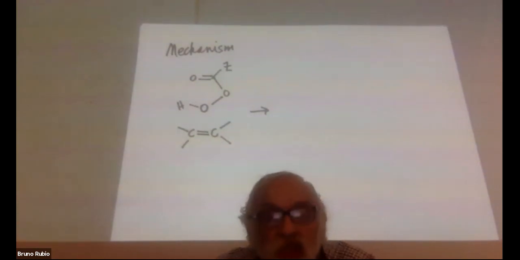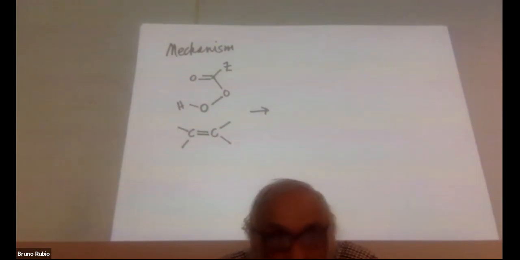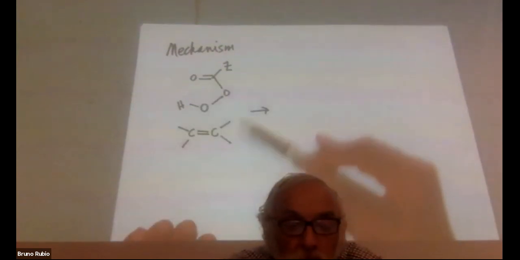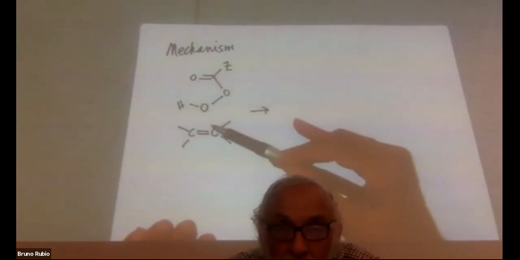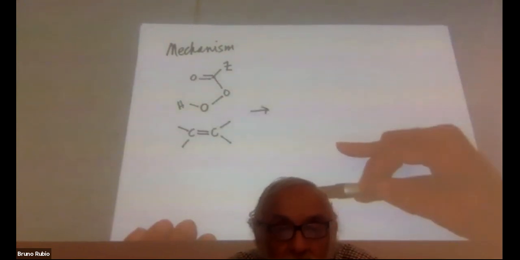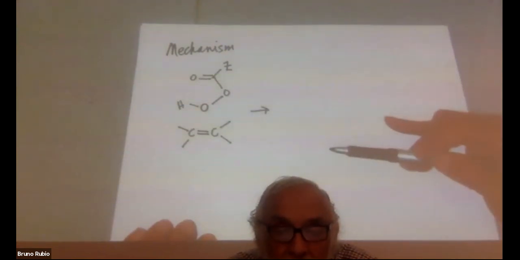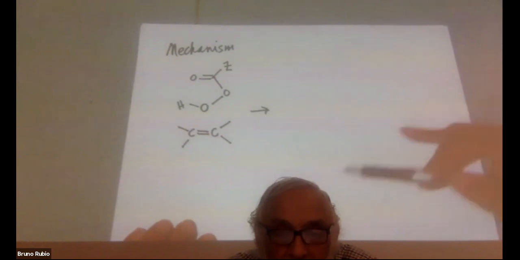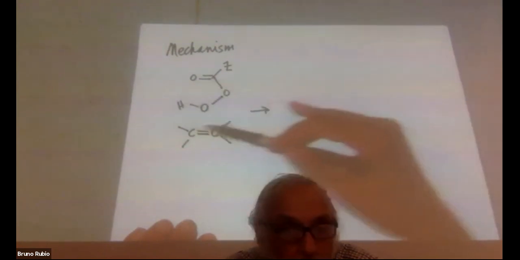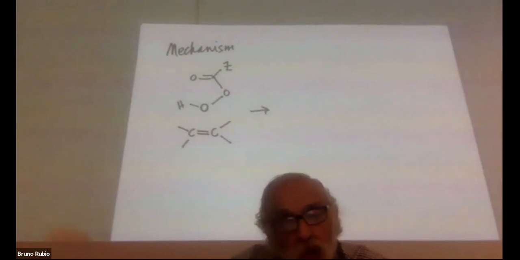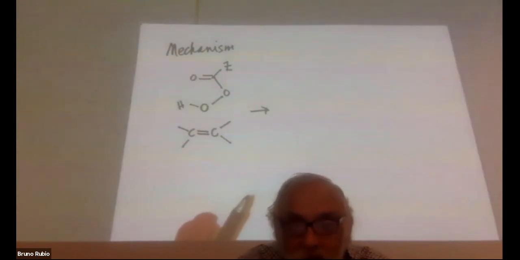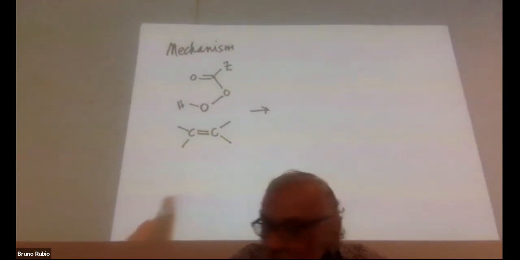That's why steric hindrance is important, because this is a huge, big, bulky molecule. The reaction is a one-step reaction. Every bond that is broken and every bond that is formed happens in one step. This is a big, huge molecule, so that's why it can only approach the alkene from the less hindered side.